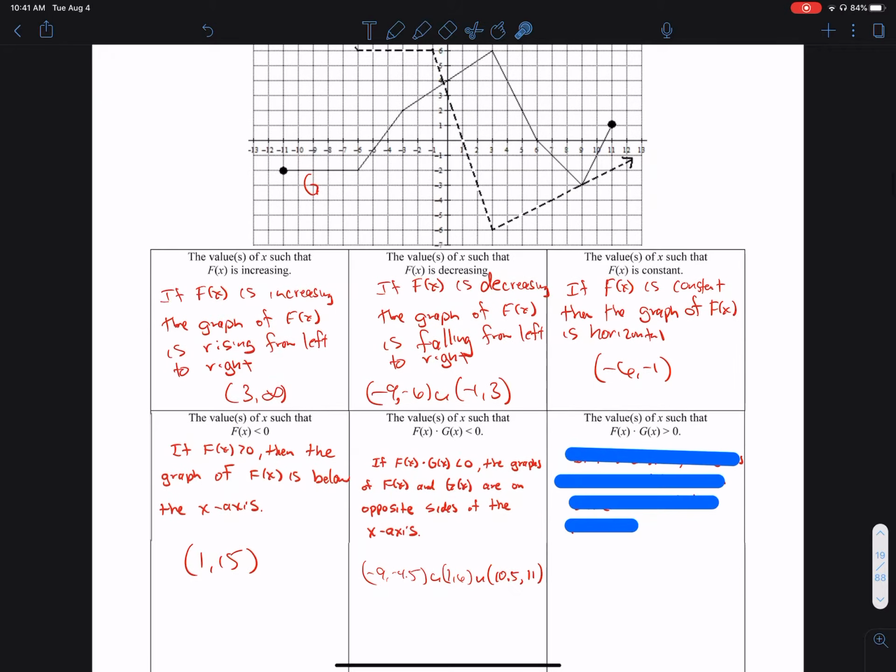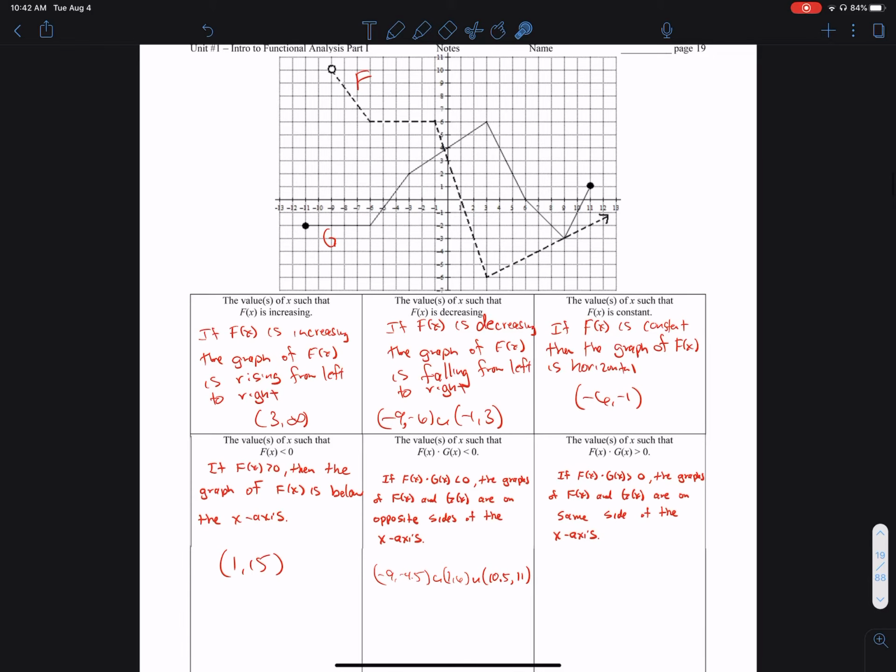Last one for this graph, f of x times g of x is bigger than 0. That means that if you multiply them, it's positive. That happens if you have the same signs. So if f of x times g of x is bigger than 0, the graphs of f and g are on the same side of the x-axis. So both on top or both on the bottom. They're both on top right here.